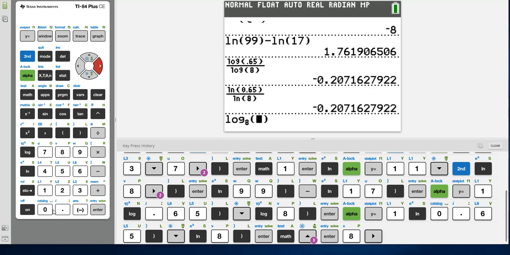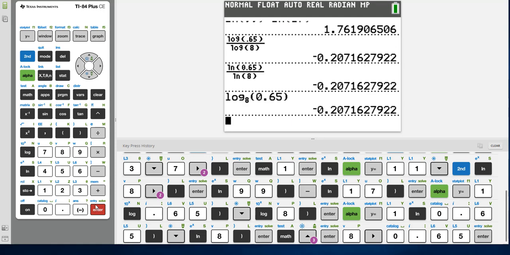Type in 0.65 and press enter. After rounding to 4 decimal places, this also gives negative 0.2072 as our answer. All 3 of these options will produce the same answer. You can use any of the 3 you wish. We're done.